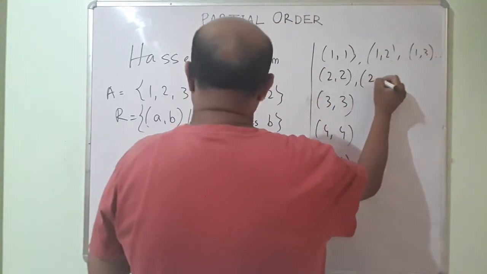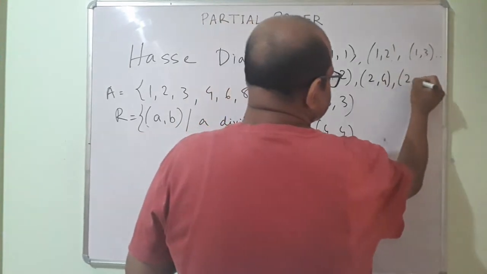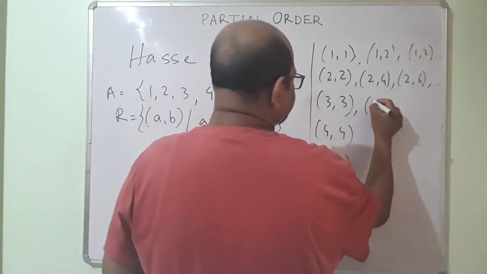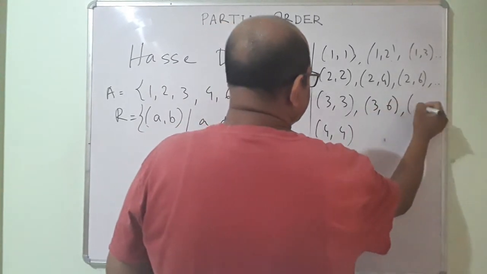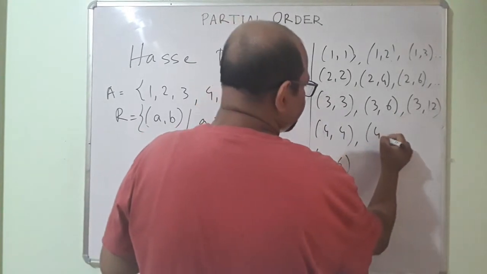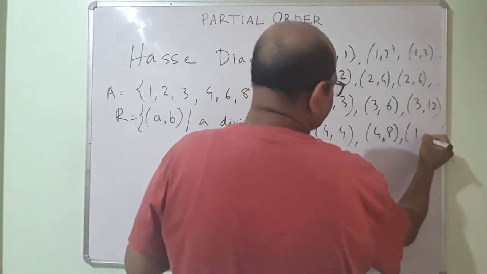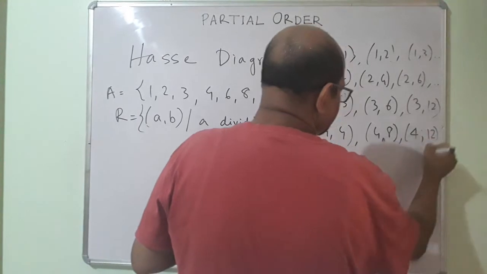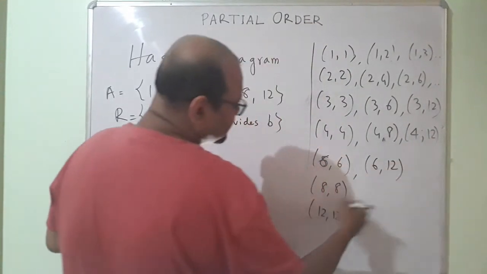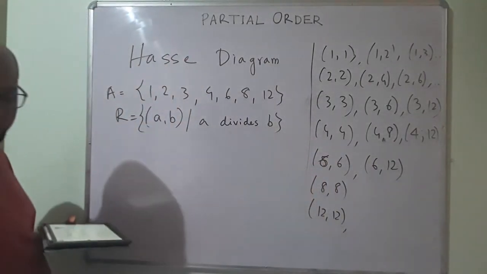Then 2 divides 4, 2 divides 6, 2 divides 8, and so on. 3 divides 6, 3 divides 12, 4 divides 8, 4 divides 12, 6 divides 12, 8 does not divide anyone else, 12 does not divide anyone else.